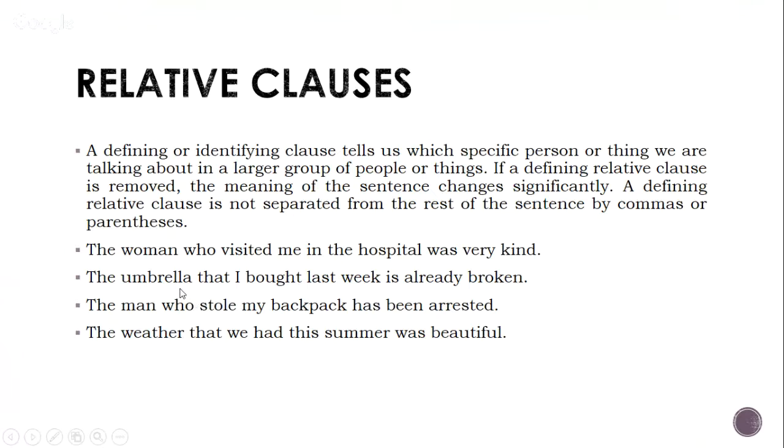When you see the umbrella I bought, sometimes when you hear someone speaking, they don't say the relative pronoun. For instance, the umbrella I bought is already broken. Sometimes they leave it out, they omit the relative pronoun when they speak.